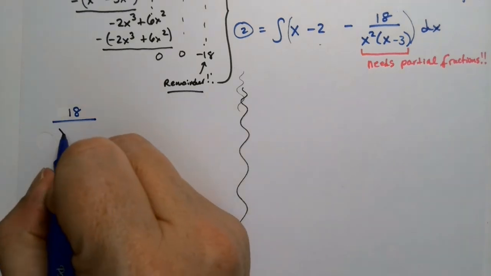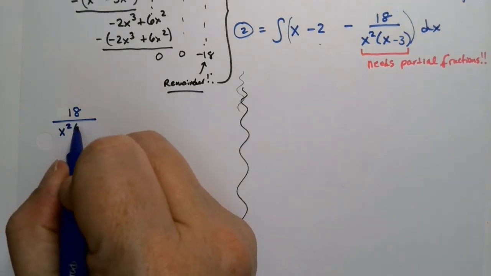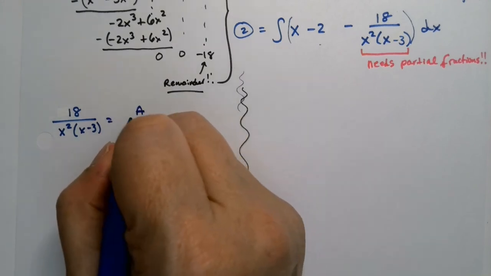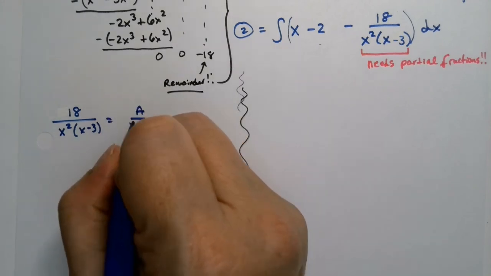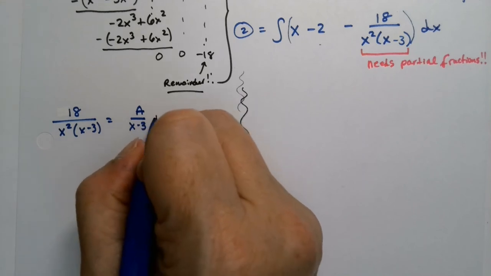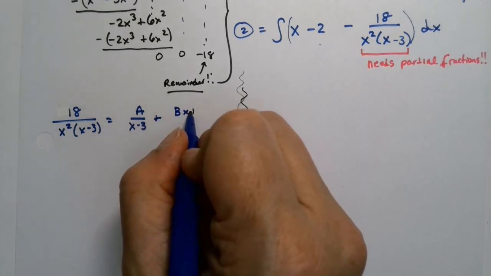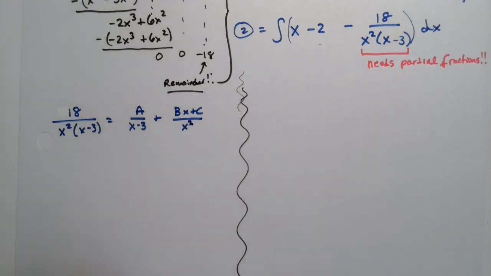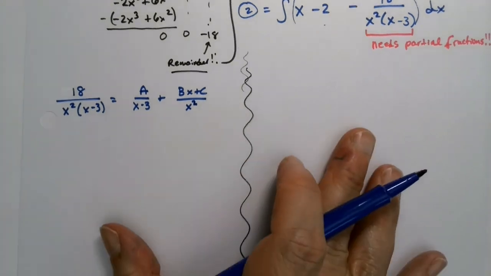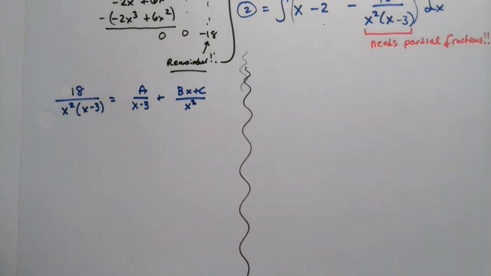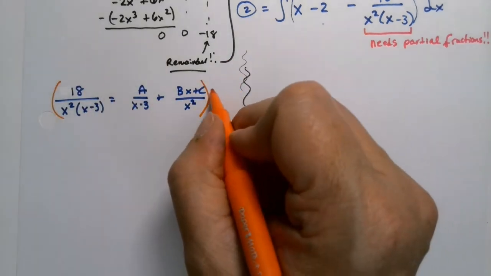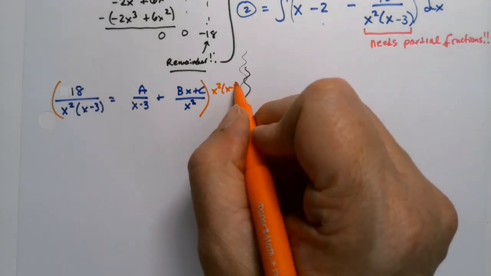So 18 over x squared times x minus 3 equals A over x minus 3. Let's get that constant one out of the way. Plus Bx plus C over x squared. That'll work, right? Now I want to multiply everything by that common denominator of x squared times x minus 3.